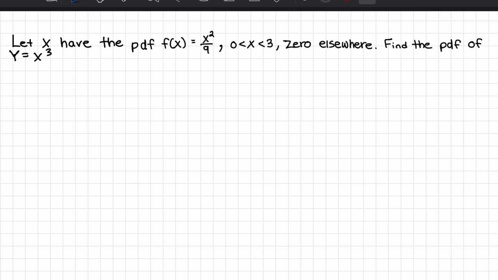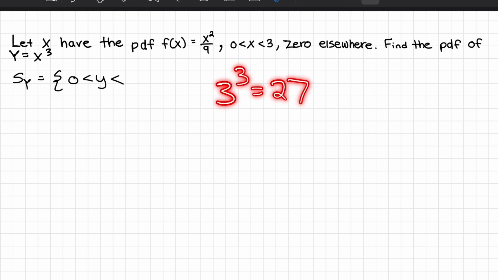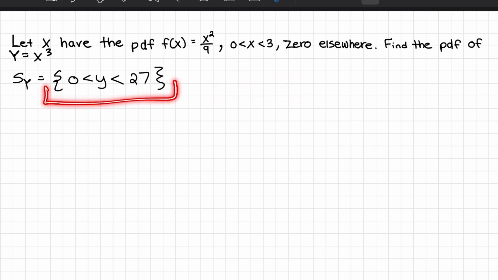So the first step is to find our support of y. To figure out the support of y, we just need to take our support of x and plug it into our given transformation. So 0 to the power of 3 is equal to 0. And 3 to the power of 3 is equal to 27. So this is going to be our support of y. Since it is continuous, we're going to be using inequalities.